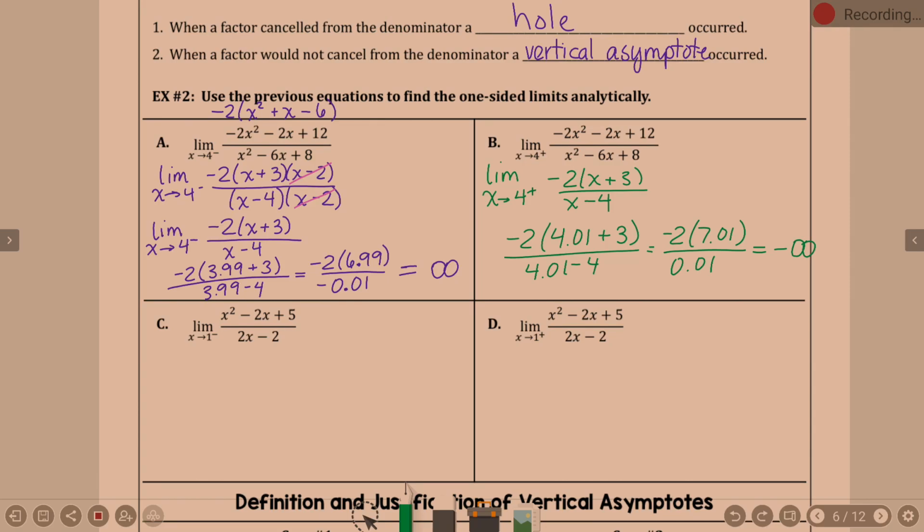Okay. Continuing along. Okay, C. Limit as x approaches 1 from the left. Thoughts? Already take out the 2 on the denominator. I don't know what's going on the top.